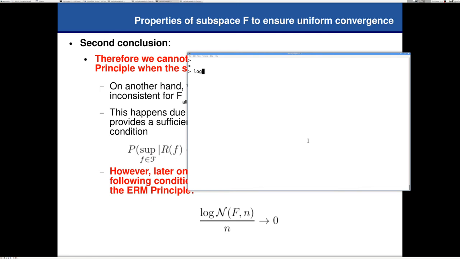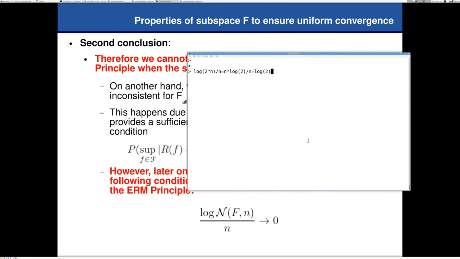Let's suppose we have the log of 2 power to n divided by n. Say 2 power to n is my shattering coefficient. This is the same as n times the log of 2 divided by n. When I divide n by n, I will have log of 2. Is this equal to 0?